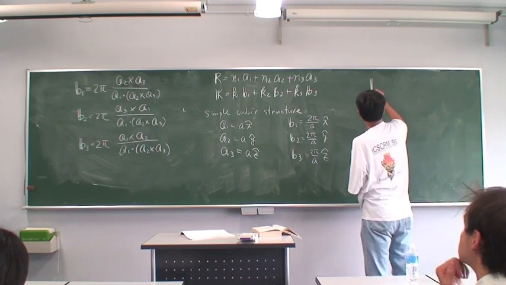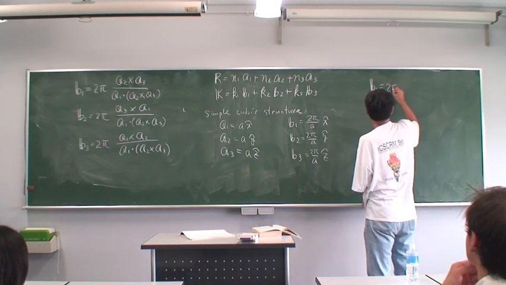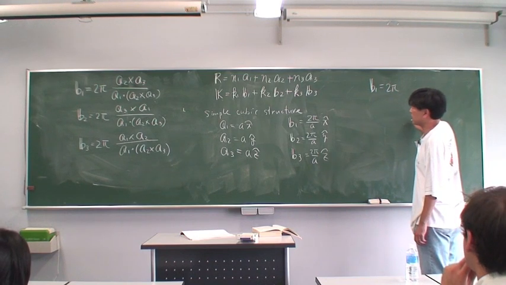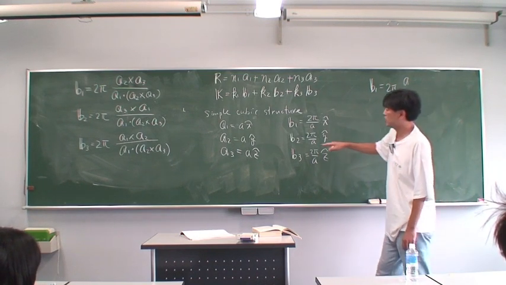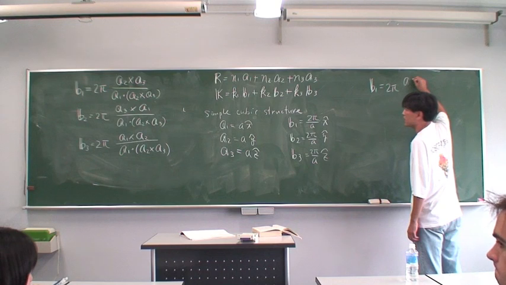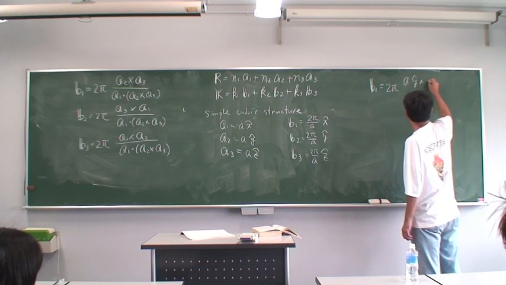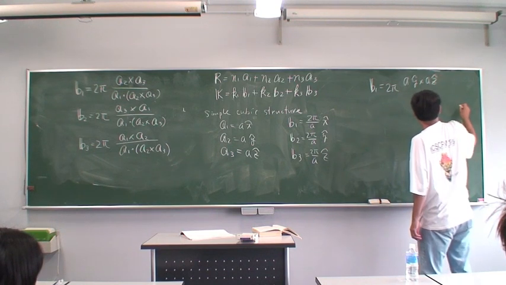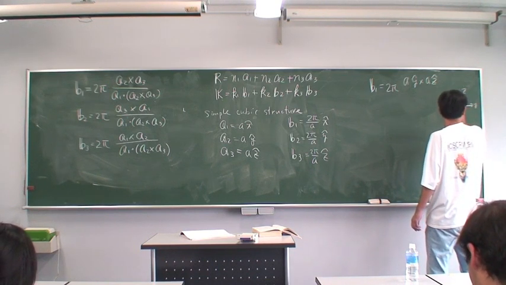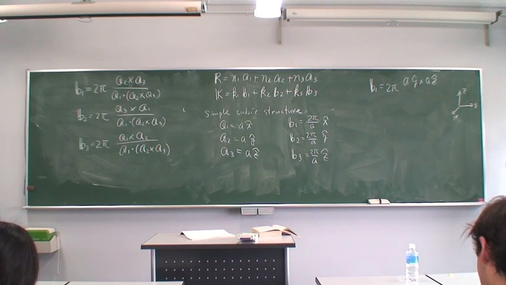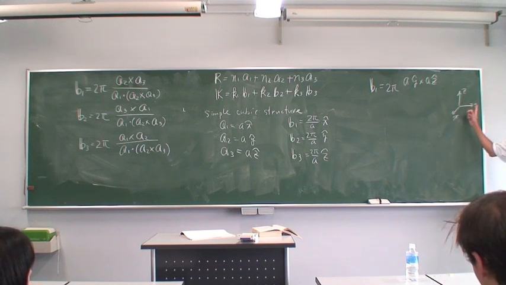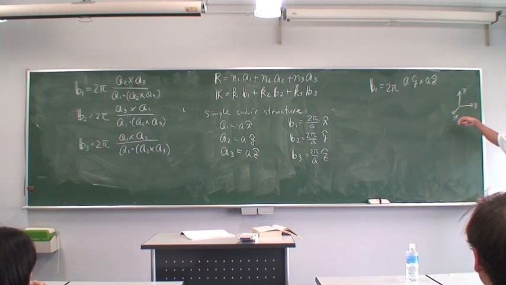So, to find B1, we have to have 2 pi over A cross, so we have to do A2, A3. What is A? We just have to do y, z makes what? yz makes plus x, right?